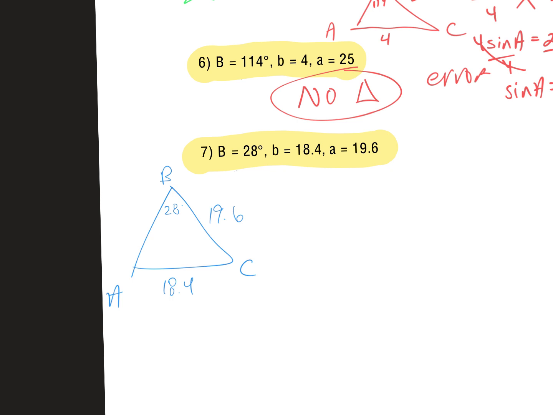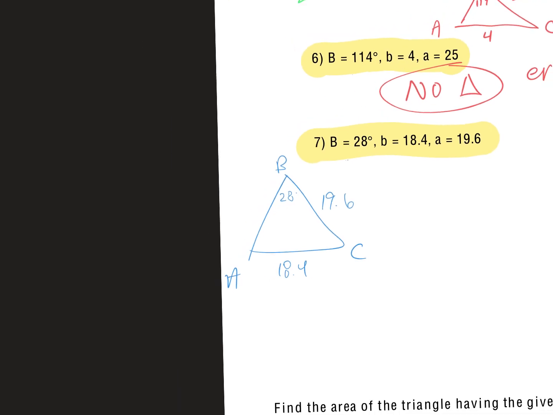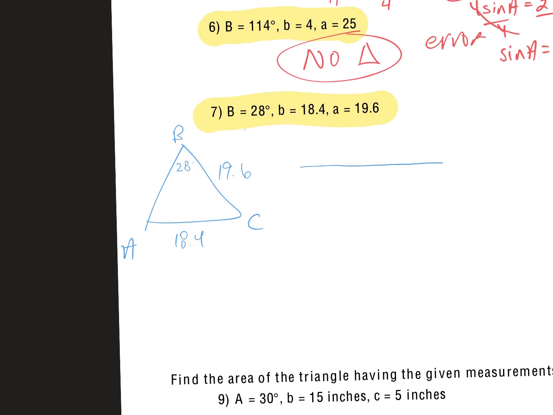Again, on your quiz, it'll say using the law of whatever. But what do I know I can use right now? Law of sines, because I have an angle measure and its corresponding side length. So I'm going to say to myself, well, wait a second. If I'm using law of sines and I have 2 sides and an angle measure, that means I could possibly have how many triangles? I could possibly have 2. I need to check to make sure.